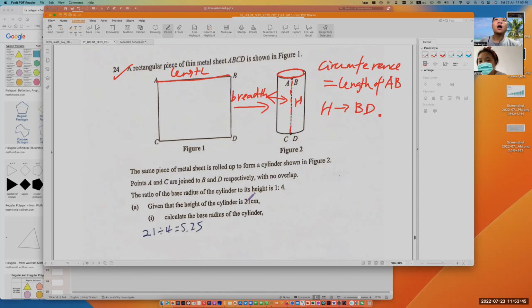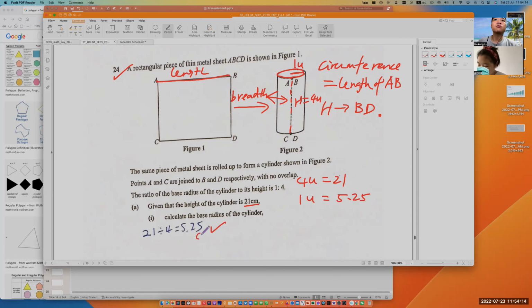So they say the ratio of the base radius of the cylinder to its height is 1 to 4. So that means the height is 4u and the radius is 1u. Given the height of the cylinder is 21, 4u is 21, so 1u is 5.25.